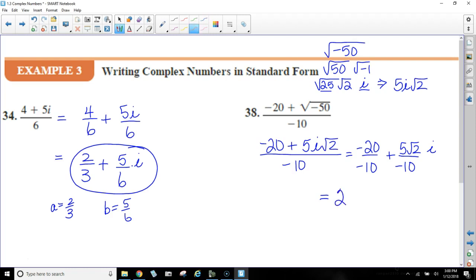And over here, when we reduce the 5 with the 10, we will get just square root of 2 over negative 2, i. Now, instead of writing plus a negative, the preferred way to write this is going to be 2 minus square root of 2 over 2, i.